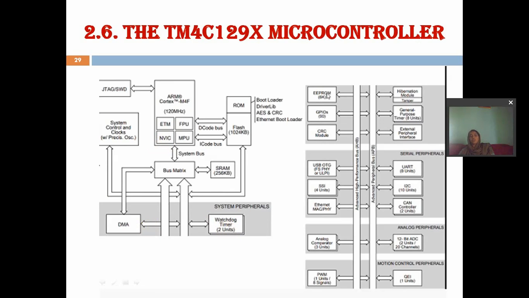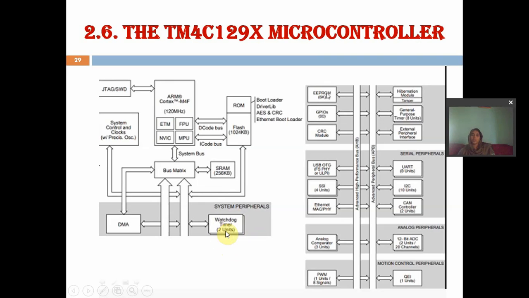We have different types of blocks. Whenever one block is in a hang state, the watchdog timer will reset that block.